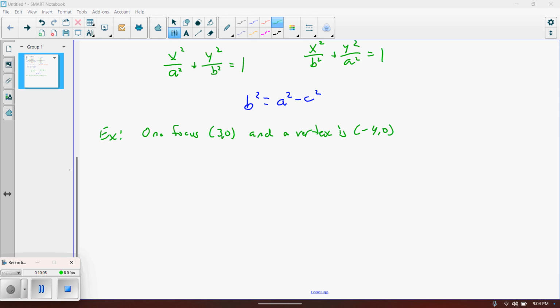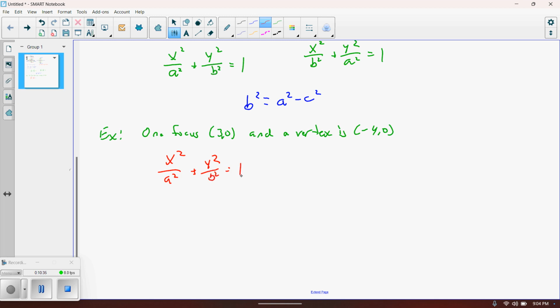All right, so let's look at our equation here and see what we're going to need. First of all, the focus is 3, 0, and the vertex is -4, 0, which tells me that this thing is lying on the x-axis because it did say it was centered at the origin. So that means that we're going to use the equation x squared over a squared plus y squared over b squared equals 1.